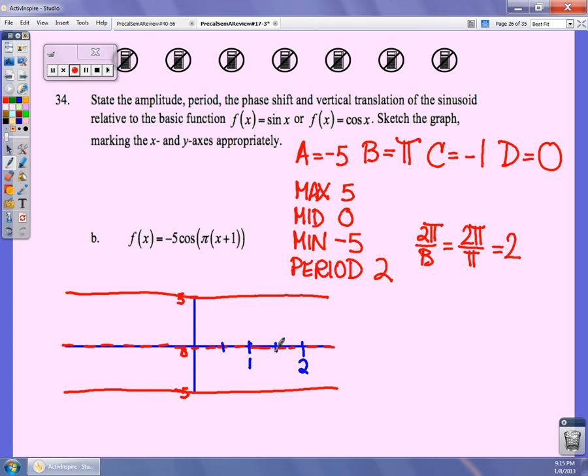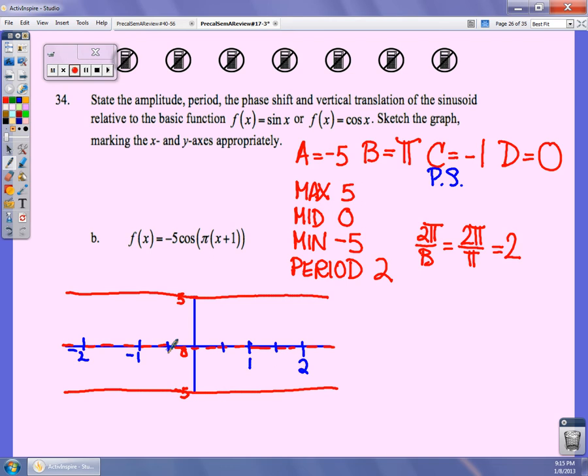Now, remember, we have a phase shift here, or a C value, of -1. So this thing, instead of going from 0 to 2, it's going to shift back 1 whole unit. So instead of going from 0 to 2, it's going to go from -1 to 1.